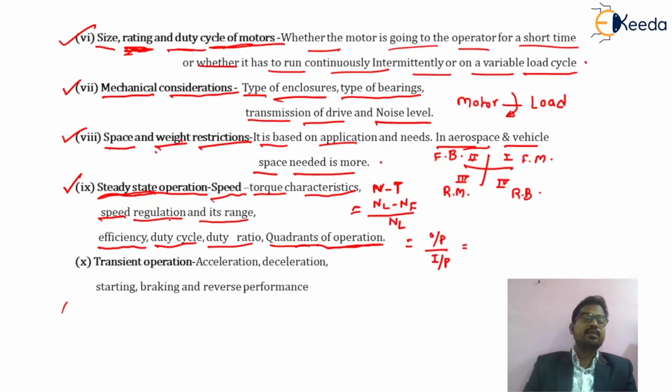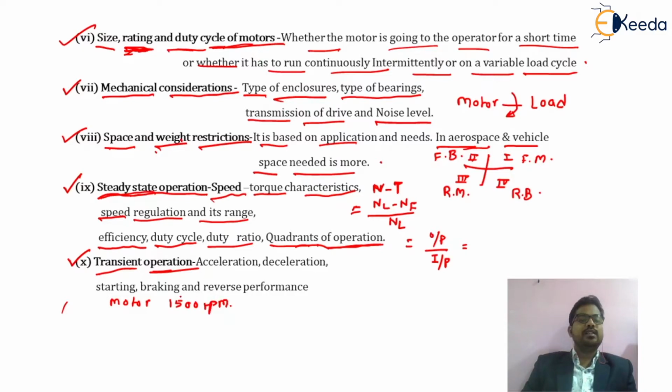Then the next parameter for the choice of electrical drive is called transient operation. What do you mean by the transient operation? Transient operation means when the drive is in a different state. Let's understand one example of the steady state operation and the transient state operation. Suppose one motor is running at a specific speed of 1500 rpm.